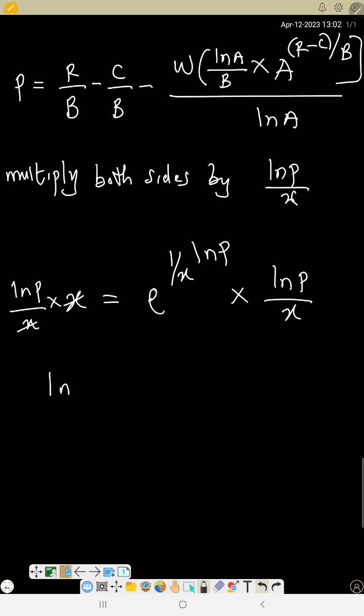So I'll have ln P equals ln P divided by S e raised to power ln P divided by S.